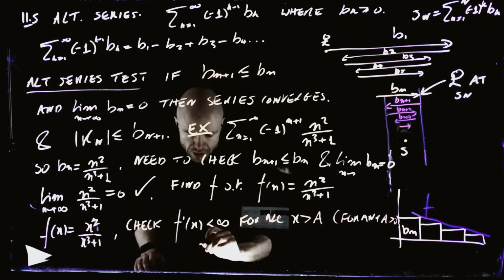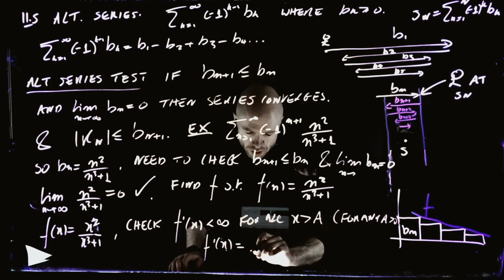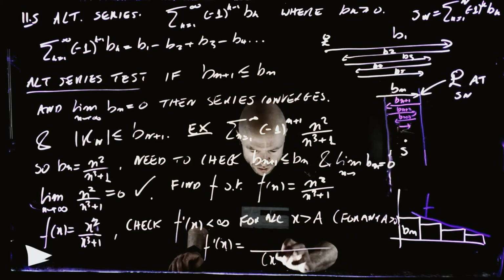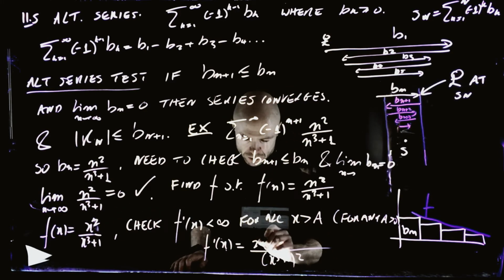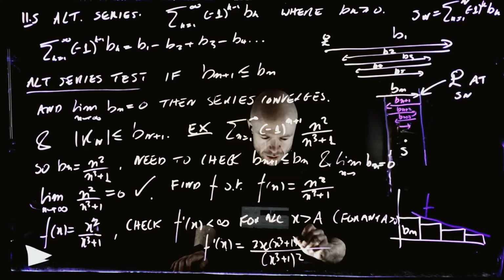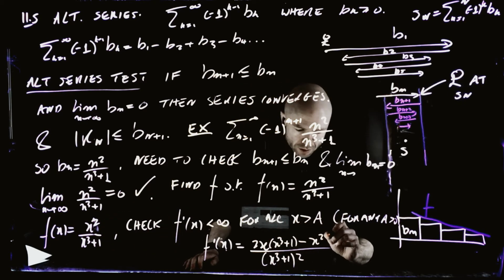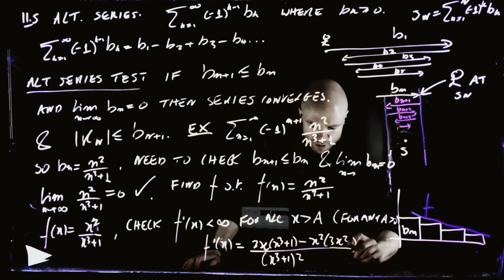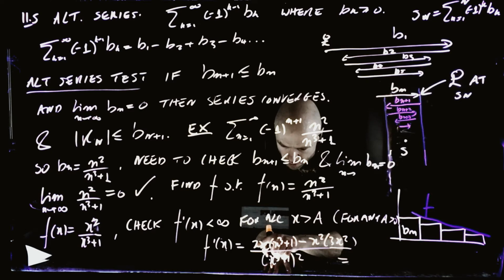Okay, and then we just do the calculation, right? So f prime of x, it's going to be the quotient rule. Put everything under the bottom guy squared, x to the 3 plus 1 squared. Differentiate the top guy, 2x. Leave the bottom guy alone, x to the 3 plus 1. Minus, leave the top guy alone. Differentiate the bottom guy, 3x squared. And let's see what happens to this. Running out of space. So highest order power is x to the 4.